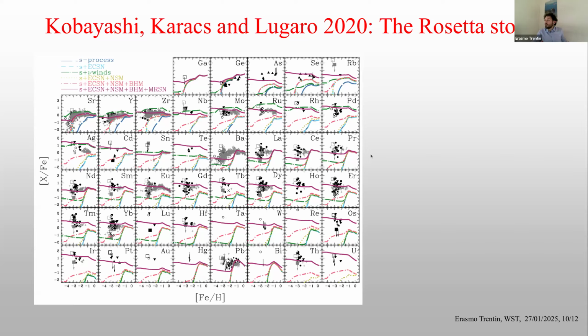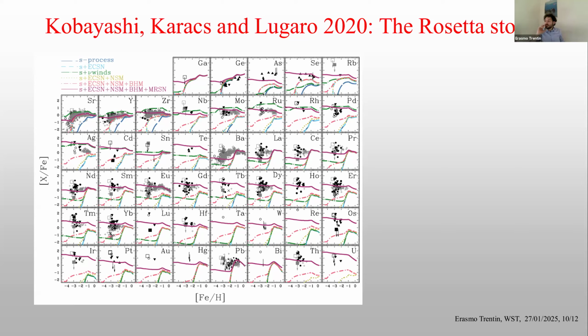As you can see, for some elements like molybdenum, palladium, ruthenium, the neutrino-driven winds contribution actually overestimates the elements. So in most cases, it has to be neglected or ignored.